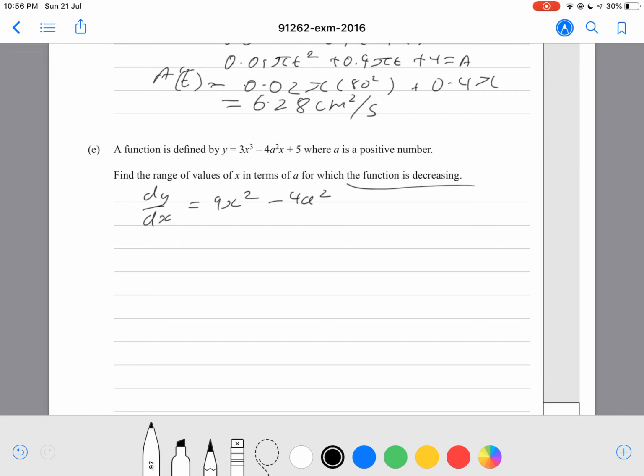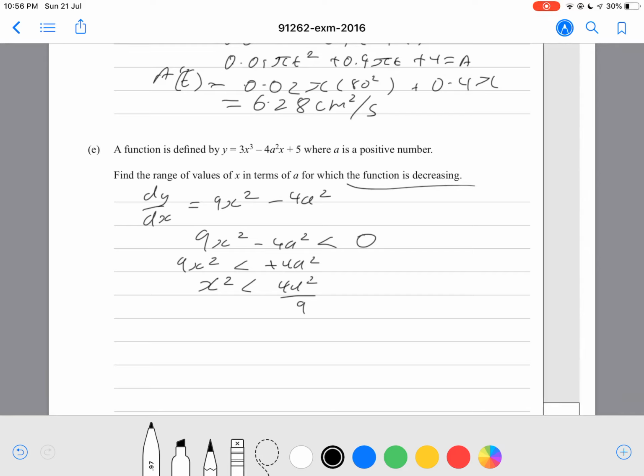When a function is decreasing, that means the gradient is less than 0. That means our dy over dx is less than 0, so therefore 9x squared minus 4a squared is less than 0. If I move it in terms of x, that becomes positive 4a squared. So x squared is less than 4a squared divided by 9.